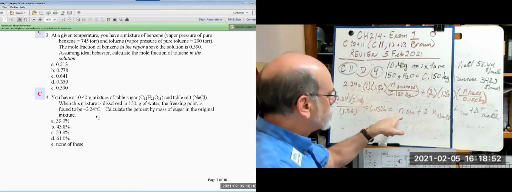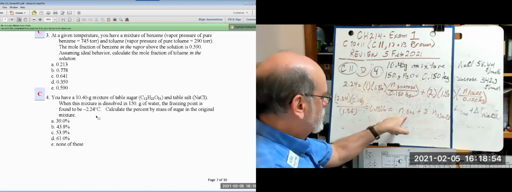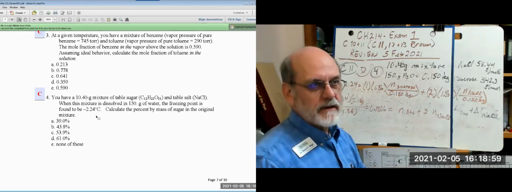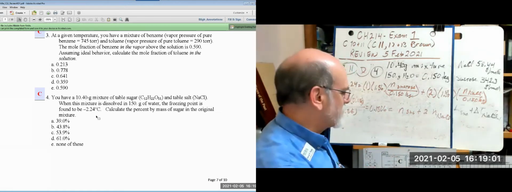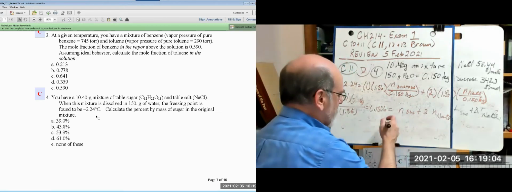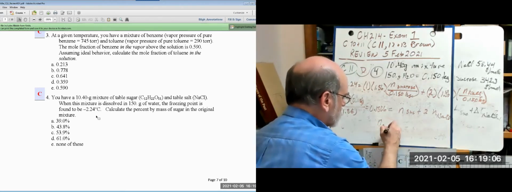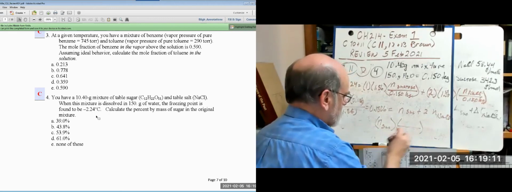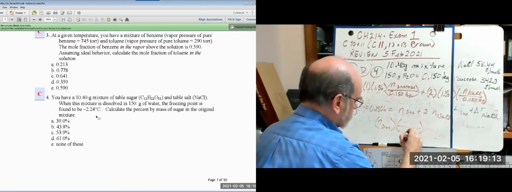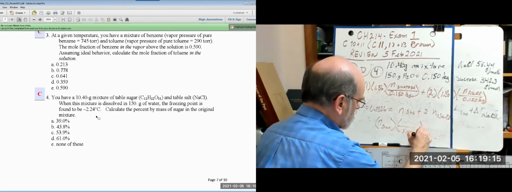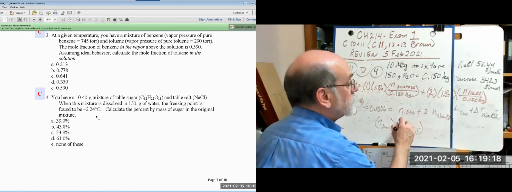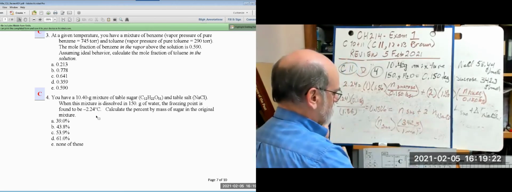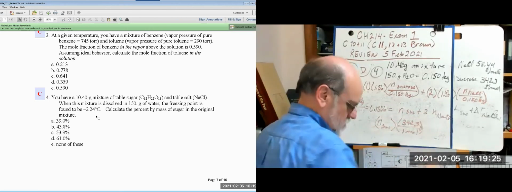The mass of sucrose is X. So the moles, if we use dimensional analysis, and we say that the moles of sucrose times the 1 mole per 342.3 grams.